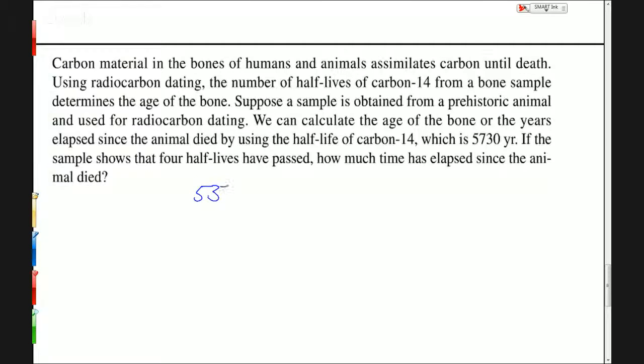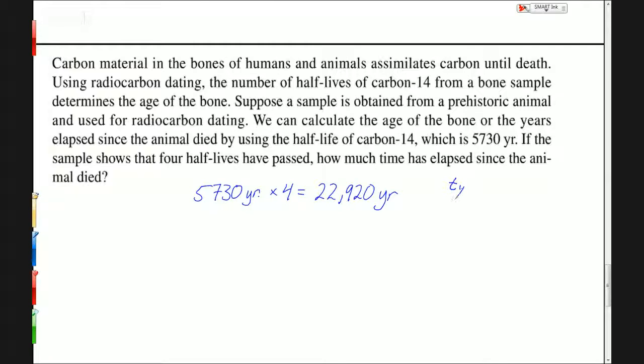It's 5,730 times 4, which is 22,920 years.